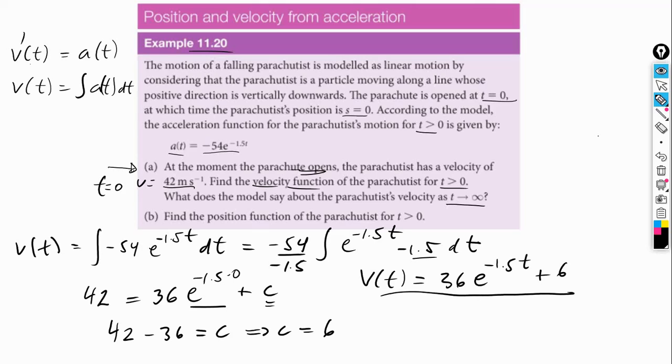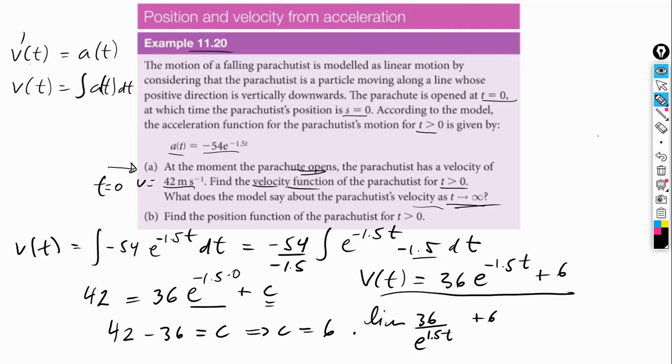So the next part says, what does the model say about the parachutist's velocity as time increases? So that means, what is the limit of this function, the velocity function? So let's rewrite it as 36 over e to the power of 1.5t plus 6.